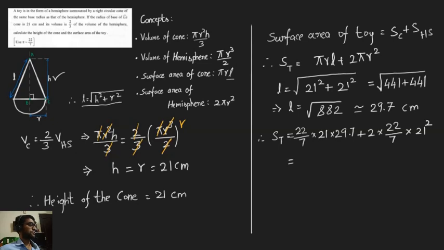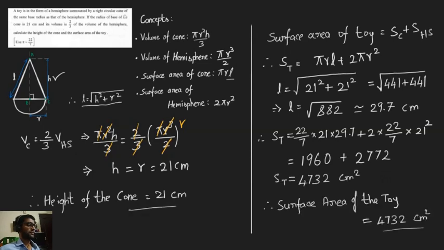So which simplifies to 1960 plus 2772. So the total surface area is 4732 centimeters square. Therefore the surface area of the toy equals to 4732 centimeters square.